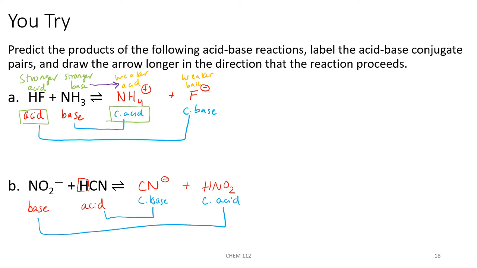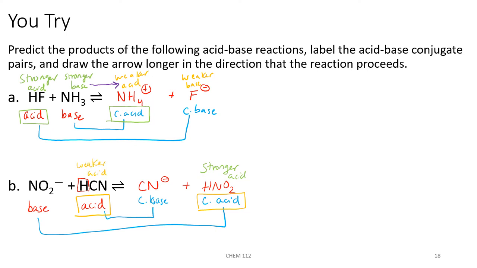Choosing either both the acids or both the bases, I often choose to look at the acids, HCN, and then the other acid will be HNO2. So finding them both on our chart. Between nitrous acid and hydrocyanic acid, the nitrous acid is higher on the acid side, so that will be the stronger acid, and the other one will be the weaker acid.